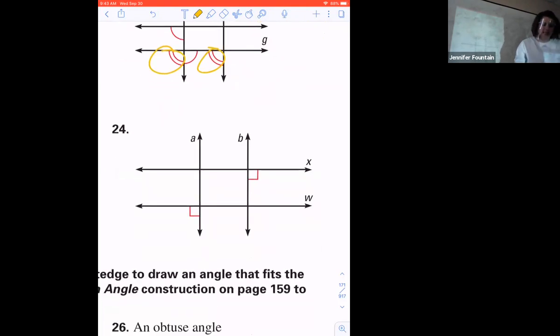We've got lines AB and we've got XW. Okay, what do we know here? Okay, so here, if this one is 90 degrees, then I know this one's 90 degrees. If this is 90 degrees, and this is 90 degrees, and if this one's 90 degrees, this one's 90 degrees. So I'm trying to figure out why in my book it says no pairs of lines must be parallel.